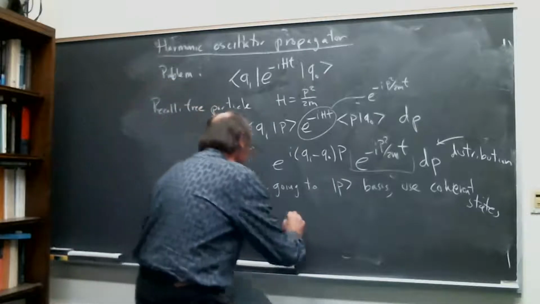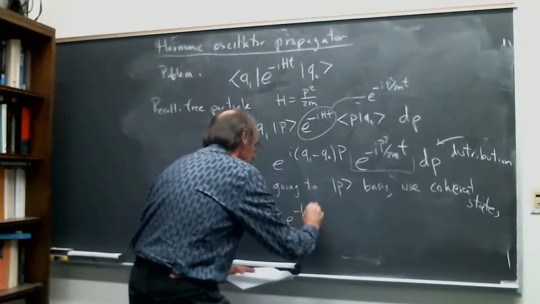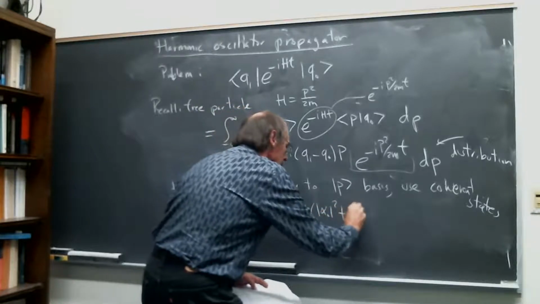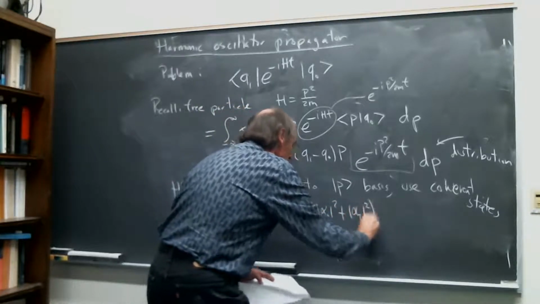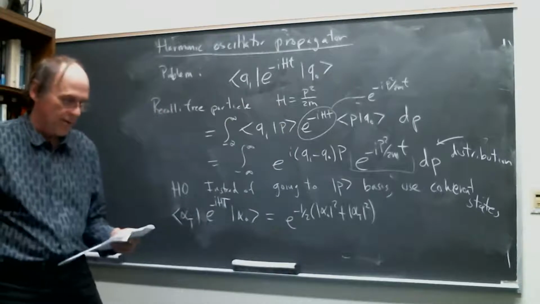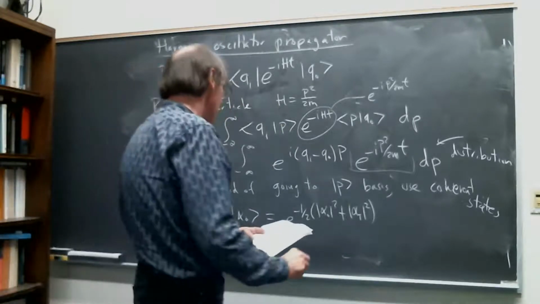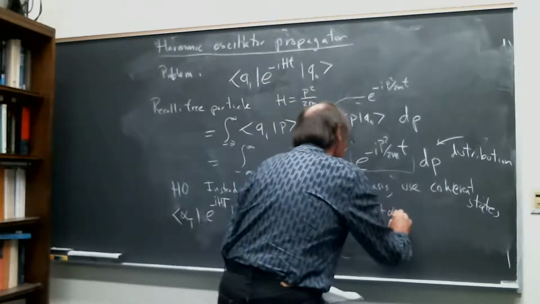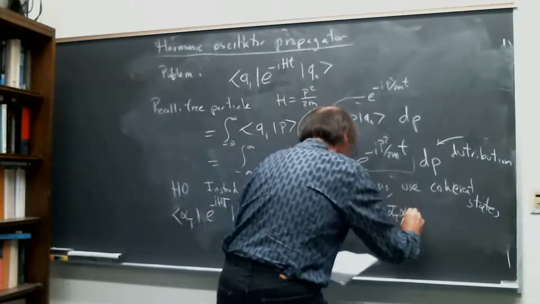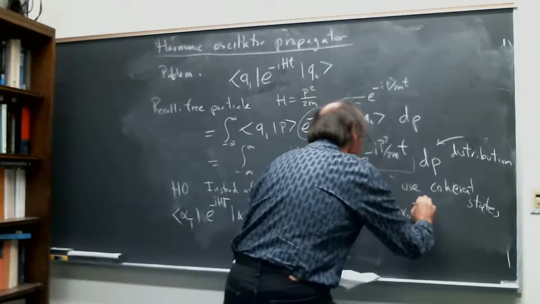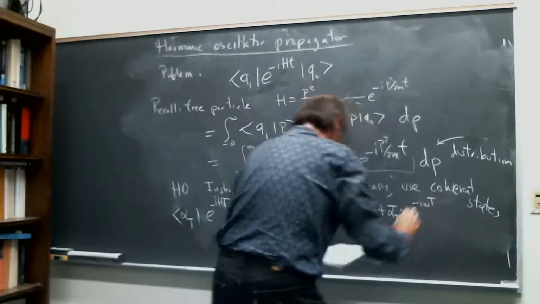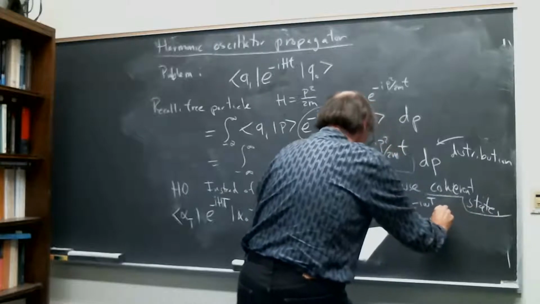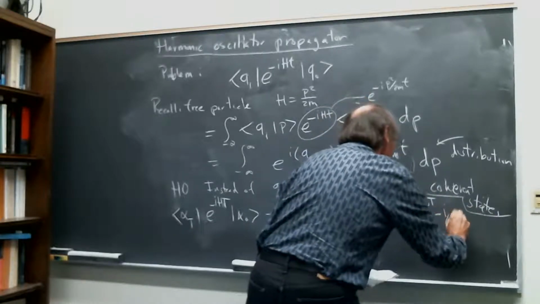It's like e to the minus a half, and some of these, you get an overall factor of that, and then the funny business is this one: alpha 0 e to the minus i omega t, and then there's the minus i over 2 omega t.